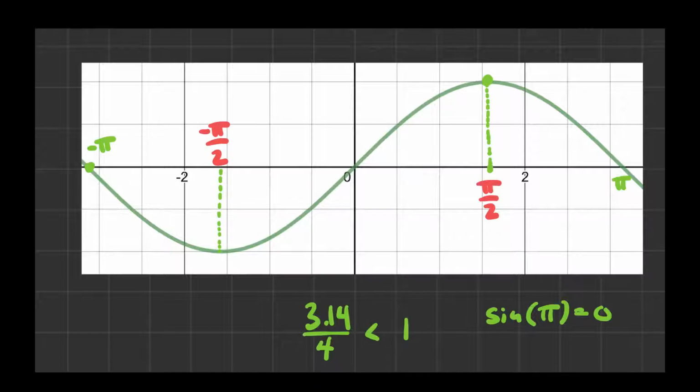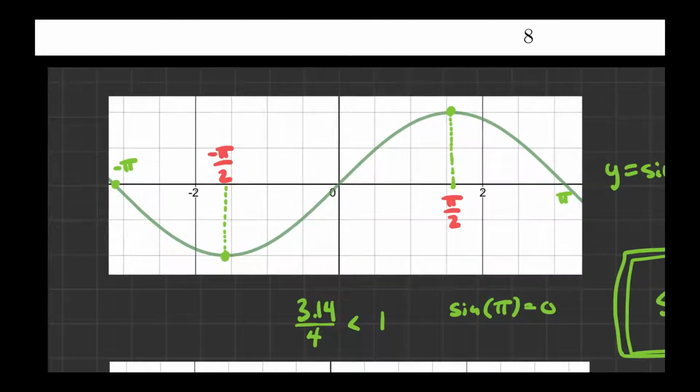Okay. So let's think about the symmetries here. So if I go over pi over 2 to the right, then my y value, I guess you can't actually see any of these y values. Does anyone happen to remember what the range of the sine function is? Yeah, it'd be 1 and negative 1. So here would be the value 1.